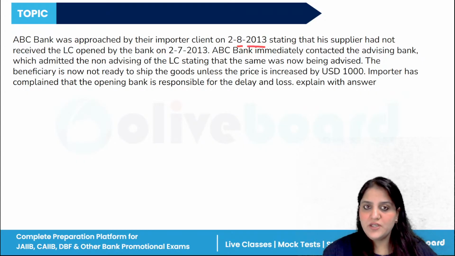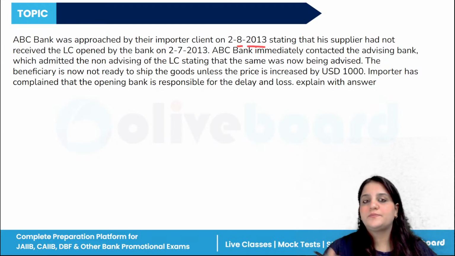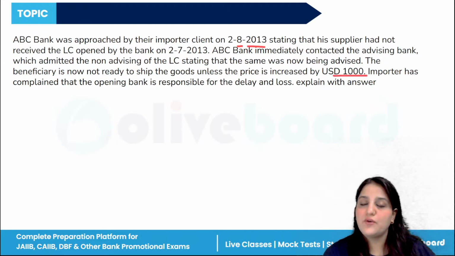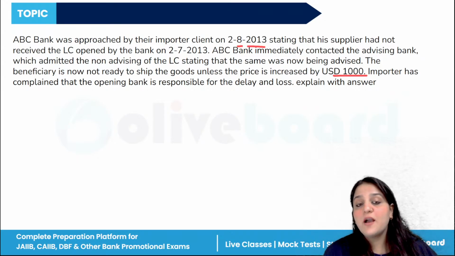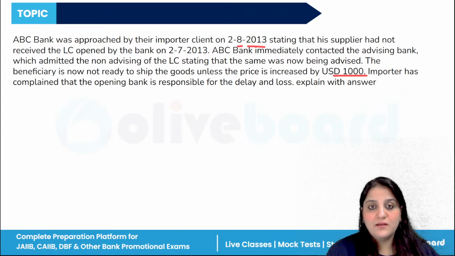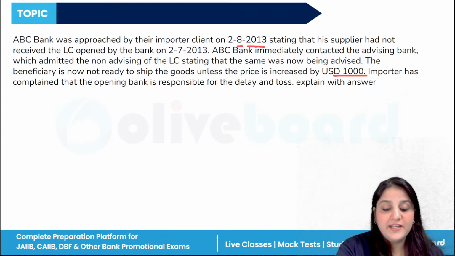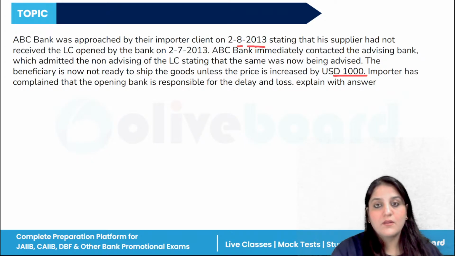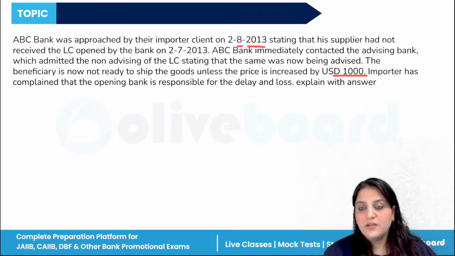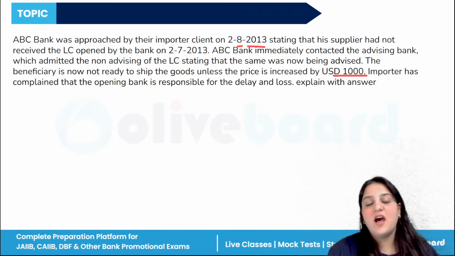So the beneficiary is not ready to ship the goods unless the price is increased by $1,000. So the importer has complained that the opening bank is responsible for the delay and loss. So explain with the answer here.